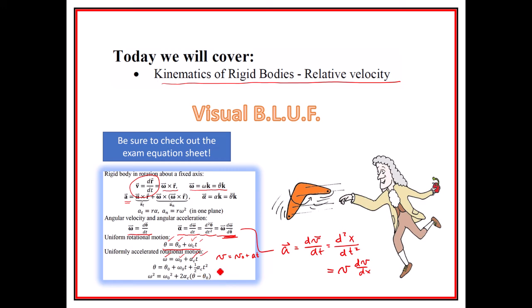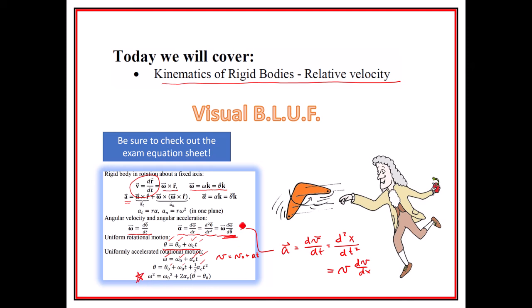In a similar way, we could have the angular position if we know the original angular position, the initial angular velocity, the time, and the constant angular acceleration. And then don't forget the wild card.